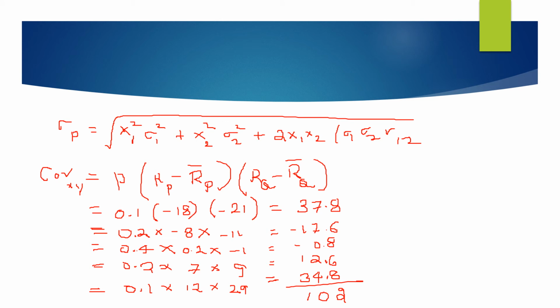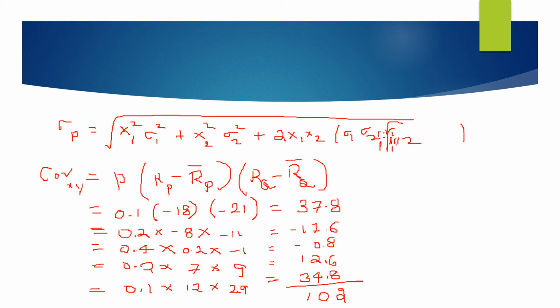Next, expected risk calculation. The formula we know is x1 square into sigma 1 square plus x2 square into sigma 2 square plus 2 into x1 into x2 into sigma 1 sigma 2 r12, all under square root.